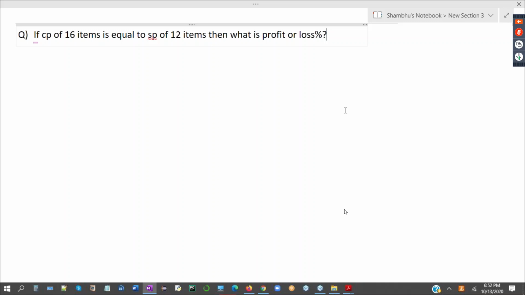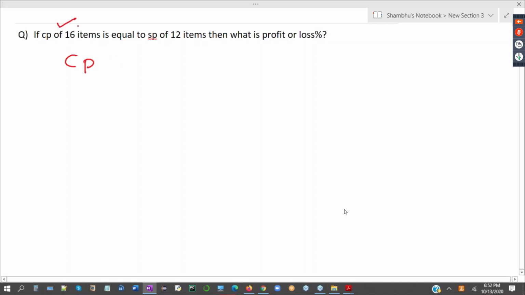Okay, fine. So here, same statement. Yesterday I told you you have to write the same statement. Cost price of 16 items is equal to selling price of 12 items.